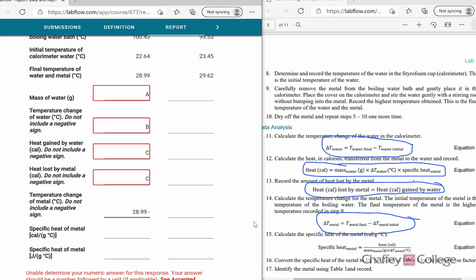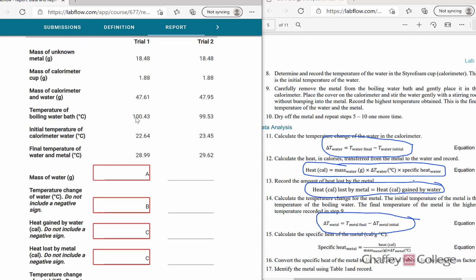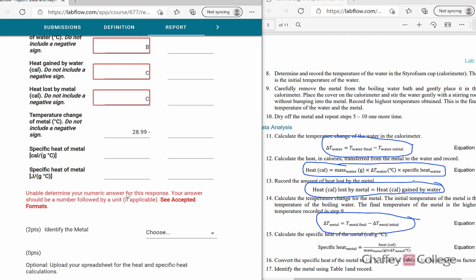The starting temperature of the metal was the hot temperature, which is the same as the boiling water temperature, in my case 100.43. Like I said, do not include the negative sign, although if I do it, it's gonna give me a negative sign, but we're not gonna include it. Whatever value comes, calculate it using your calculator and plug in the value here. I'm just gonna call it D.